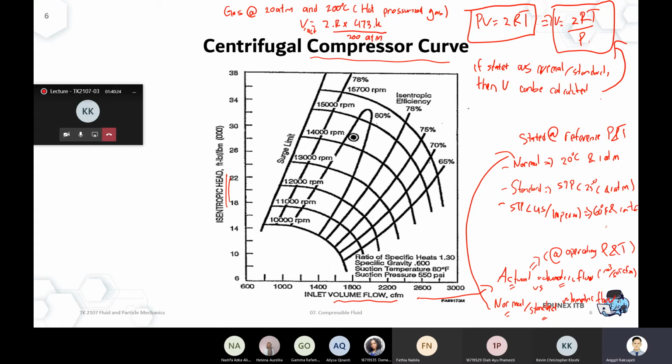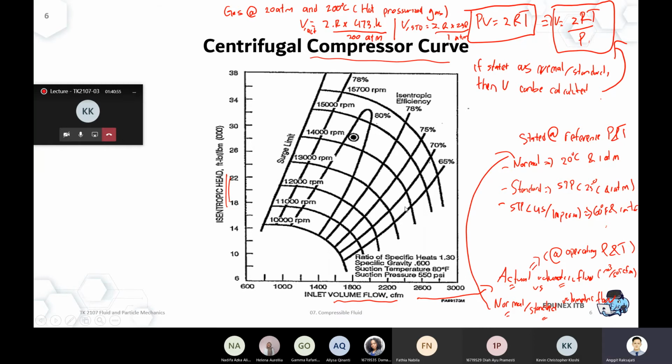That's V actual. At the same time, this stream can be expressed as volumetric flow rate in standard condition. That means you still calculate Z, R, but the temperature now, instead of 473 Kelvin, you use the standard STP, 298 Kelvin. Per the pressure, you don't use the actual pressure, but you use the standard pressure, the 1 atm.